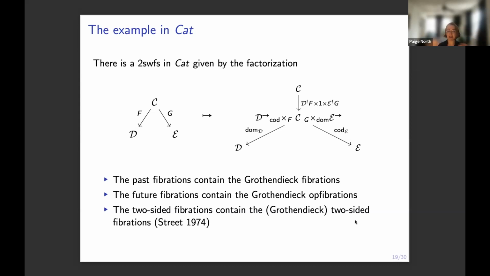So say we have a span of categories like this, C, D, and E, then we can think about the relation that's given to us by taking a category C to the arrow category of C. And this produces a factorization of spans where this middle object has objects: an arrow in D, let me write this out here, let's call it D0 to D1, an object in C, and an arrow from, let's say, E2 to E3.